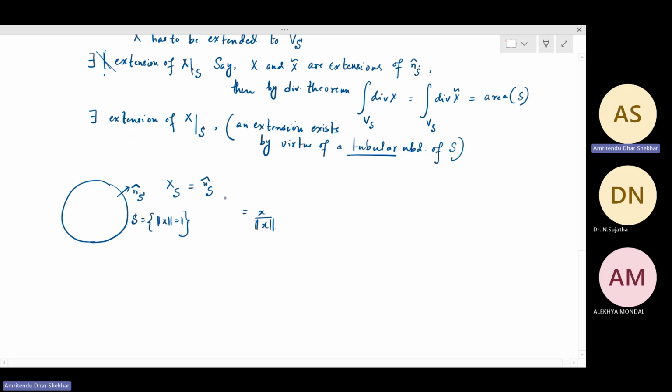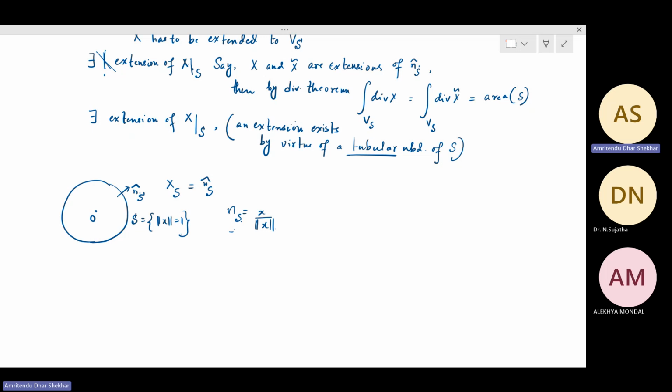So this is N of S. So you need to be able to define this vector field over the volume enclosed by the sphere, which is just the disk. Okay. But you notice that this is not well defined at the origin. So at the origin, this is not well defined. But everywhere else outside the origin, it is well defined.